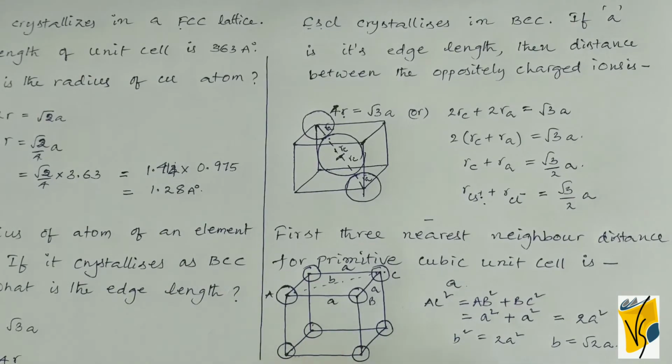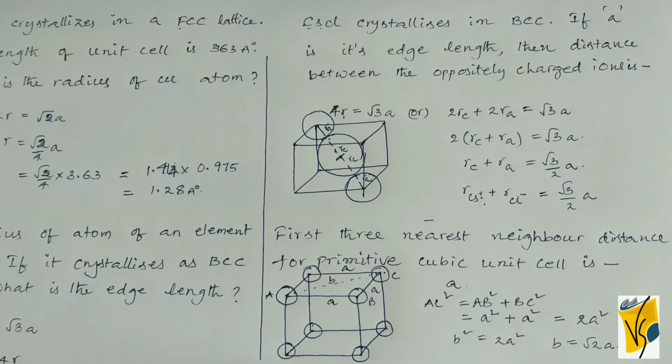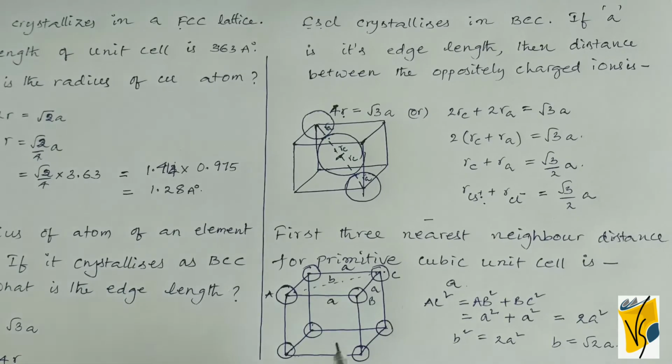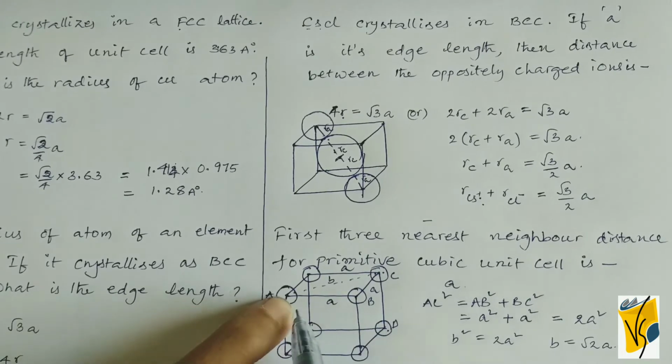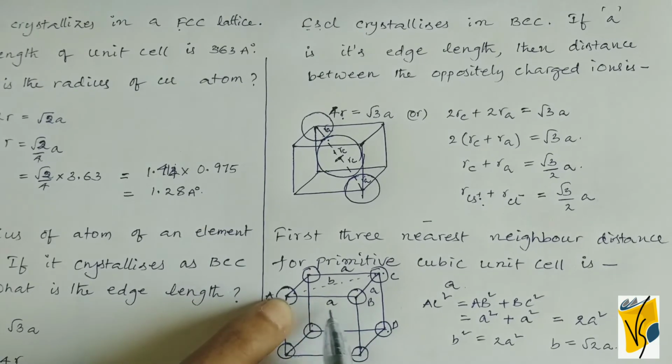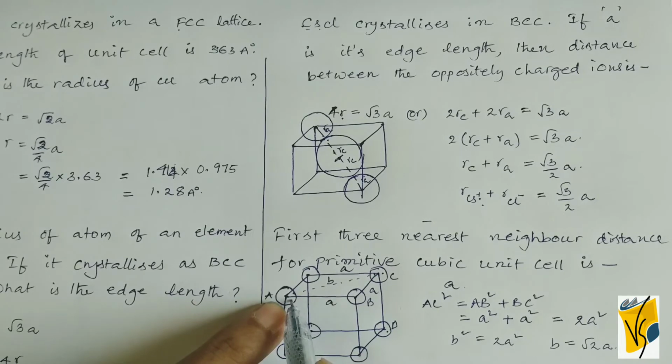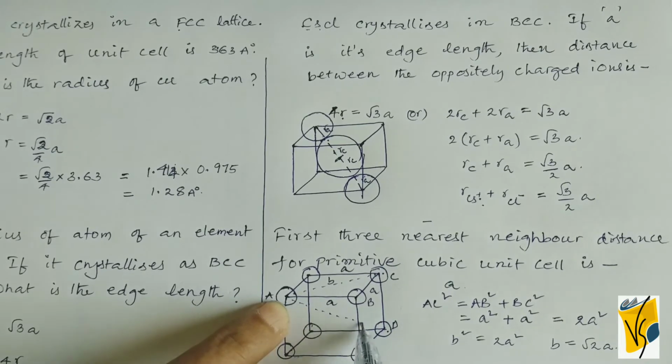That is nothing but the face diagonal length, and the next nearest neighbors will be along the body diagonal. Okay, so let us consider this point as D, right? This becomes the body diagonal length.